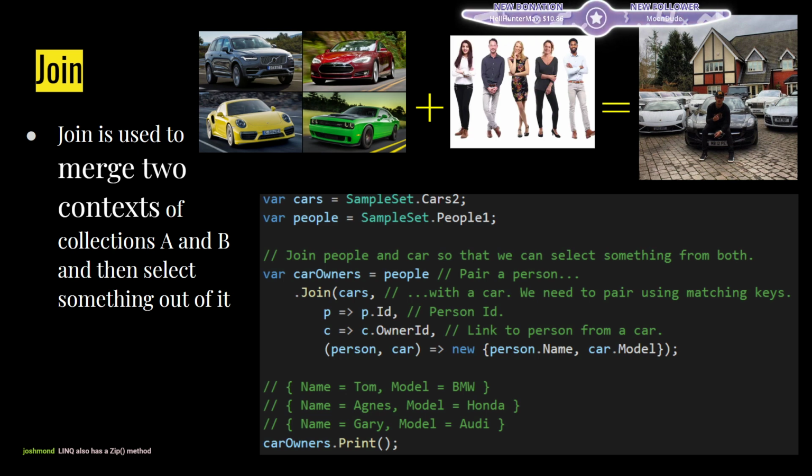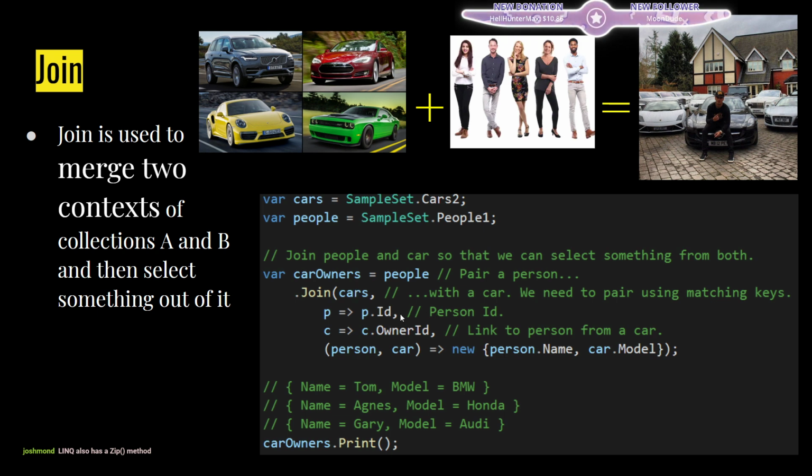So here you can see how we join people to cars. The key point here is when you do a join, you need to provide the inner key and the outer key. So you need to say what key will be linked to what other key. You need to link people to cars somehow.